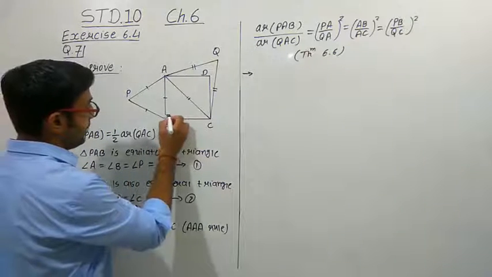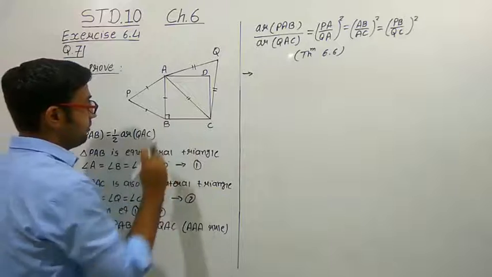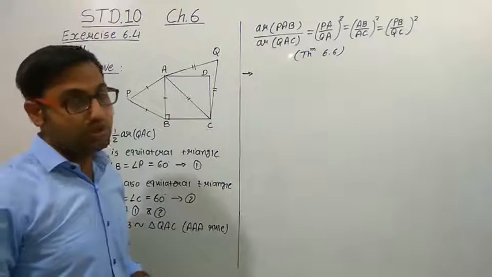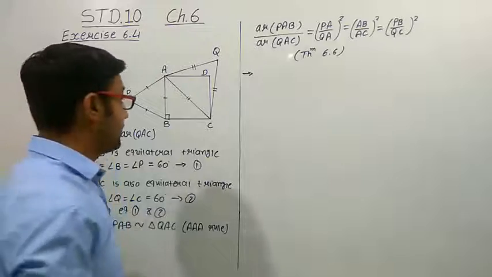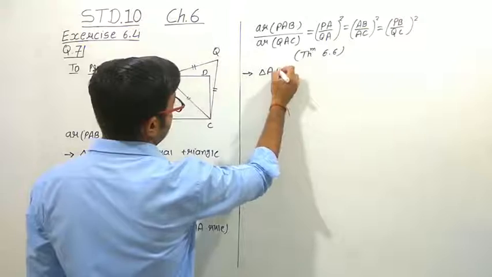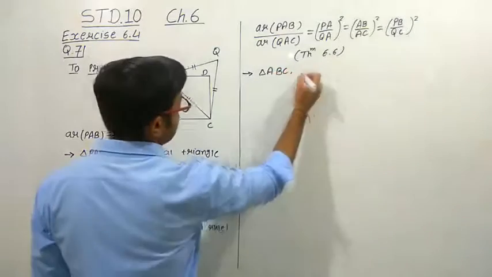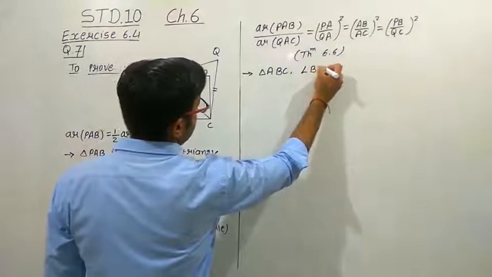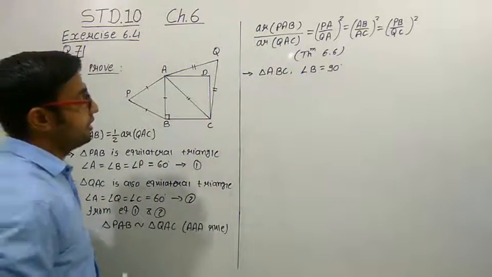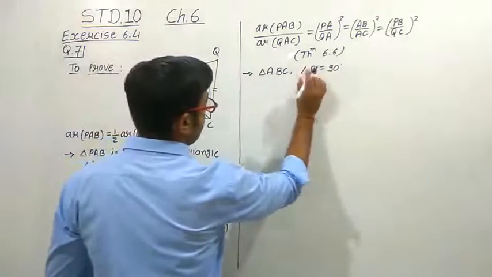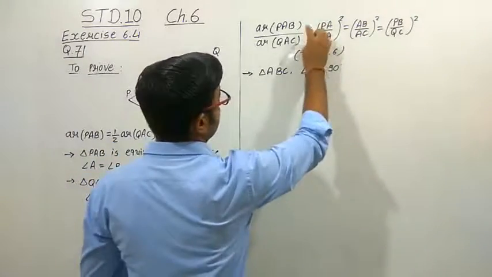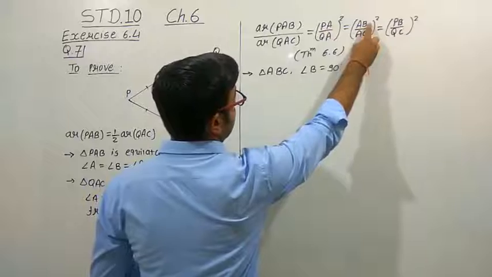Now see, let us consider the triangle ABC. Here we know that angle B is 90 degrees, because what is ABCD? ABCD is a square, so all its angles are 90 degrees. So here we can consider triangle ABC, in which angle B is equal to 90 degrees. Why are we considering triangle ABC? Because we have to find the relation between the sides AB and AC.